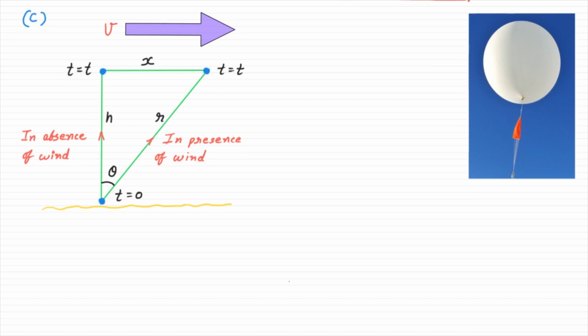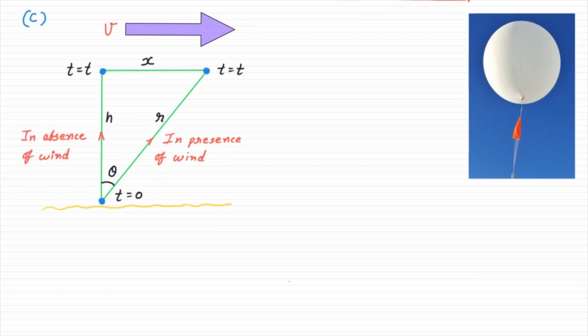Now if there is a wind blowing with a velocity v in, let us say, the right side direction, then in the presence of the wind, the balloon will move in this way, in a crossward direction. Obviously, because the balloon wants to move upward, but because wind is blowing, it will not move straight upward, it will move this way. And one important point is that it will cover the same height h in the same time t.